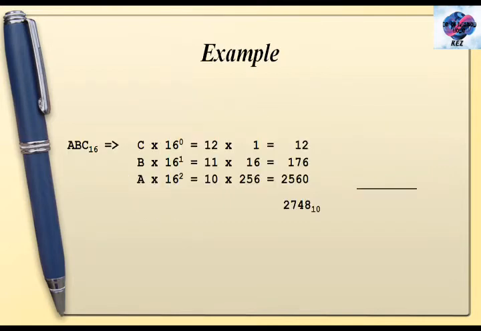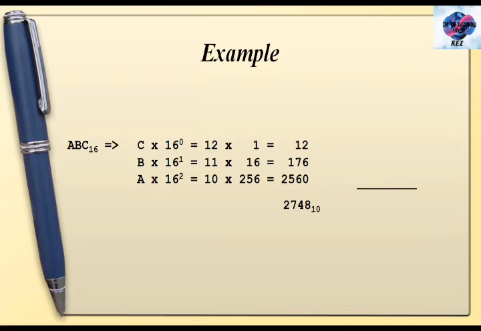Now see this example, ABC in base 16. A means what? 10, because 0 to 9 were numerical, then the alphabetical order starts from 10. So at first C. C means what? A is 10, B is 11, C is 12. So 12 into 16 to the power 0.